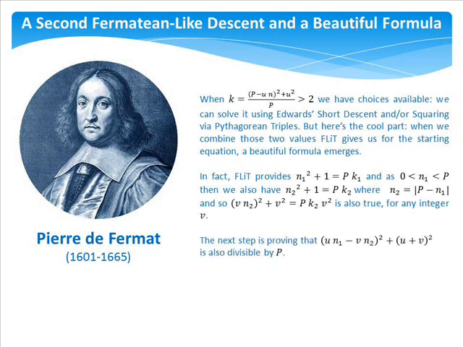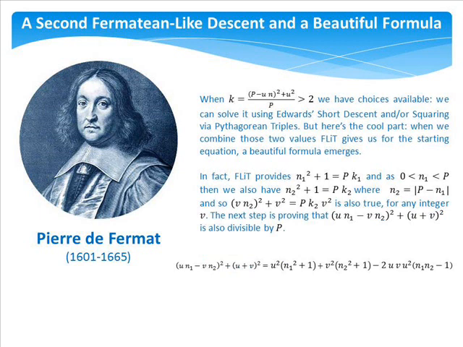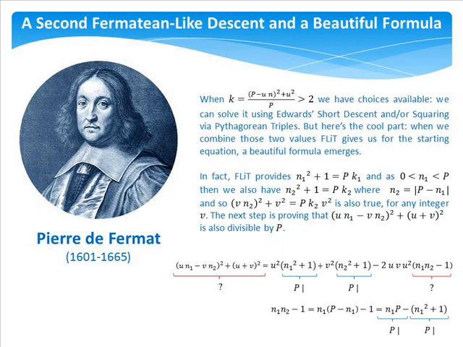The next step is proving that the square of u times n sub 1 minus v times n sub 2 plus the square of u plus v is also divisible by p. Expanding the terms and regrouping shows that the first and second terms are clearly divisible by p. So we have to prove that it divides the third term too, so as to know if p divides the sum of two squares at the left of the equal sign. Replacing n sub 2 as p minus n sub 1 and regrouping, we see that p divides both terms.